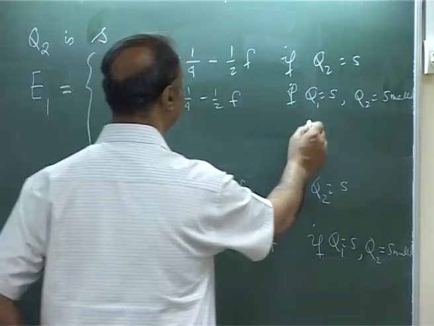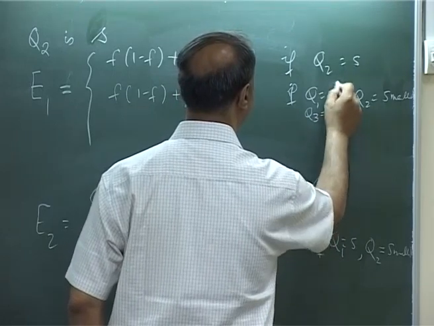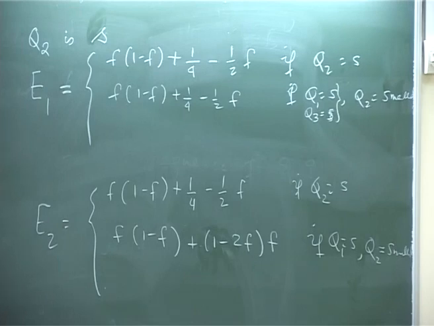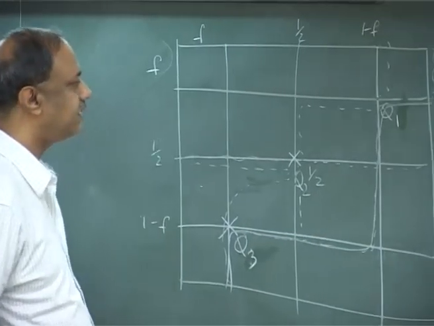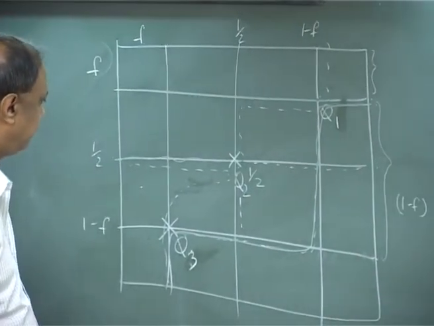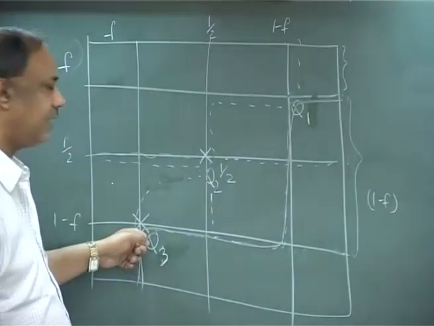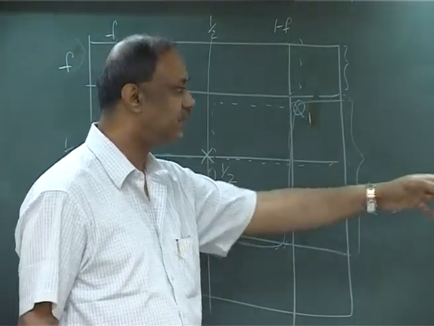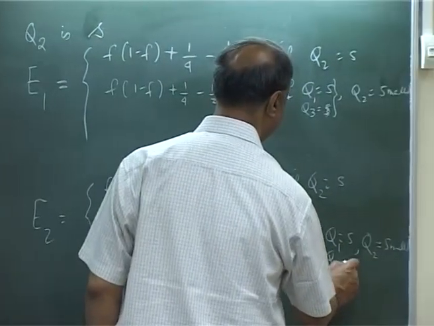So I can write here Q3 is smallest, for this case same. What about here? If Q3 is the second largest element, instead of this is the second largest element and this is the largest element, so result is same. So this is true for Q3 is S also.